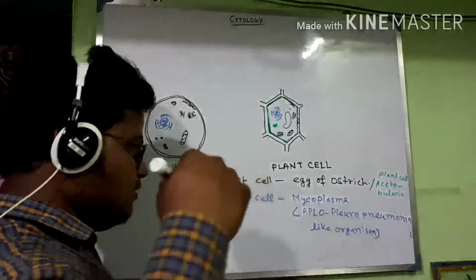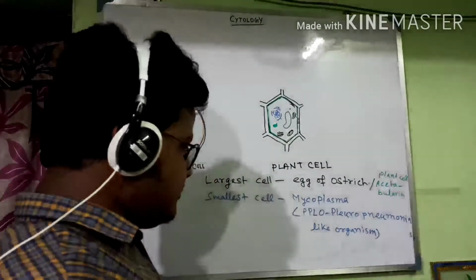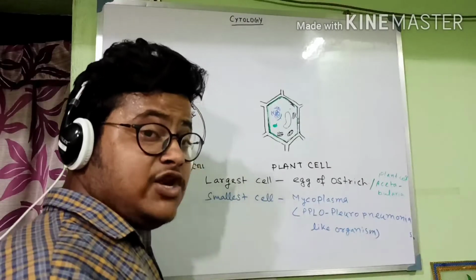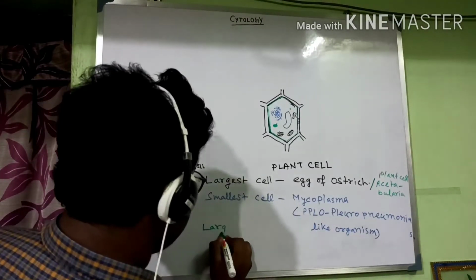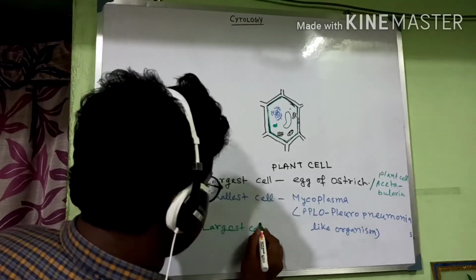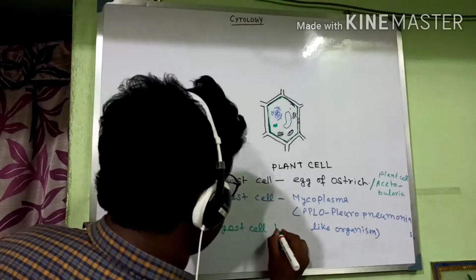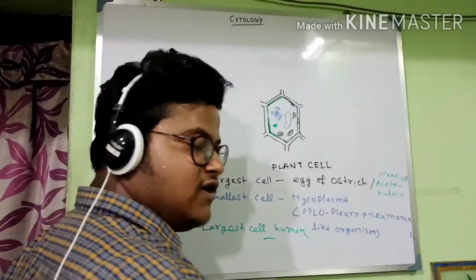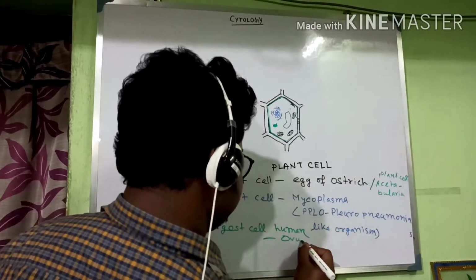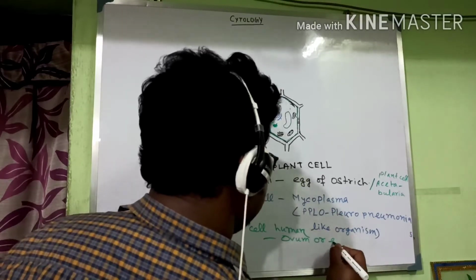Now, what are the smallest cell and the largest cell of our body? The largest cell of our body, in humans, is the ovum or egg cell.